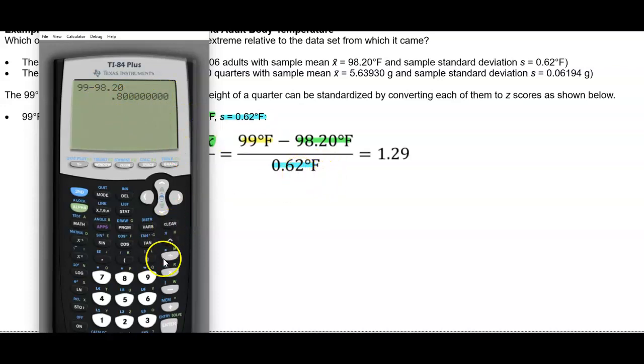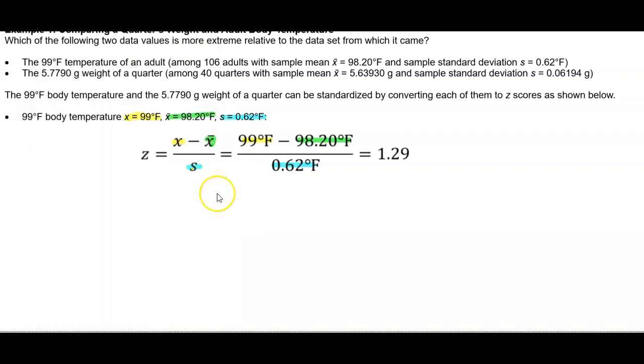Now we need to divide that by 0.62. And then it gives us 1.29032. Now remember that z-scores are always rounded to 2 decimal places. So the z-score for 99 degrees Fahrenheit is going to be 1.29.